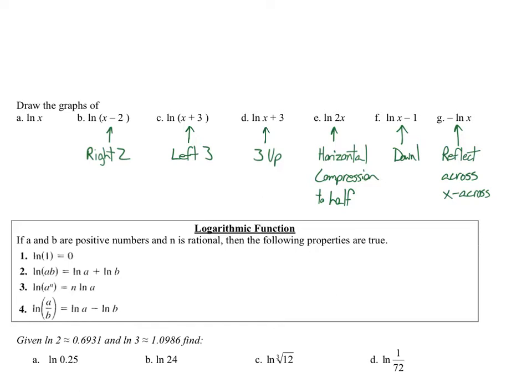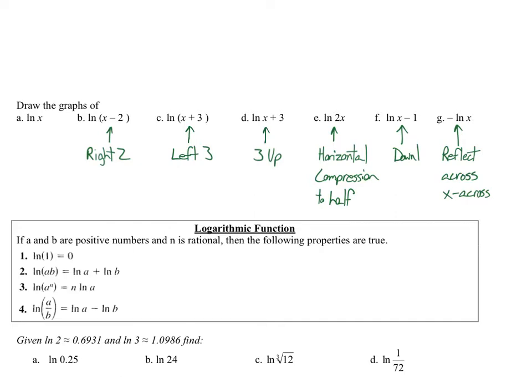If we had a negative x, that would be a horizontal reflection across the y-axis. When we're doing something to the entire function, like adding 3 to the whole function, or subtracting 1 from the whole function, or multiplying the whole function by a negative 1, that's going to do something vertically. Because we're changing the function, which is our y value. So just keep that in mind.